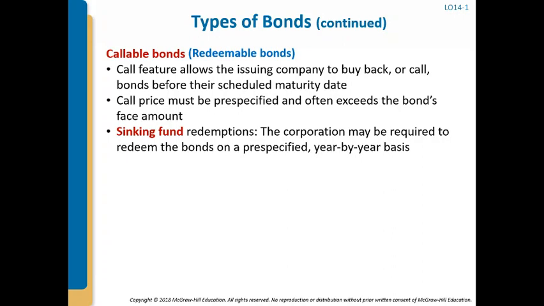And so this premium means that if they call the bonds, which invariably they do, because they don't want to be stuck with a high interest bond when interest rates go down, they could call them and pay them off and then issue new bonds at a lower interest rate that they would be required to pay.